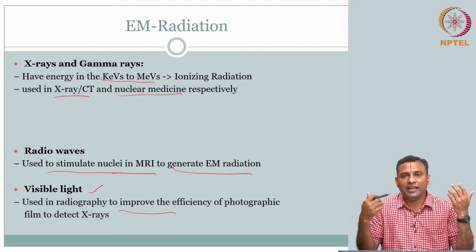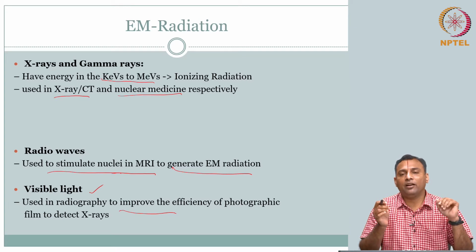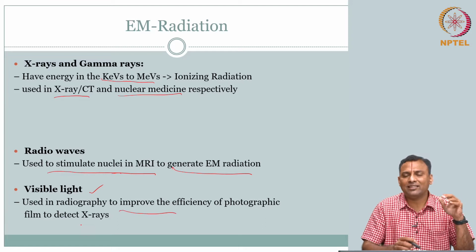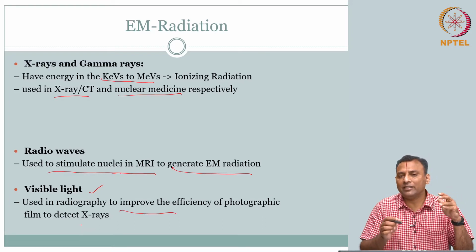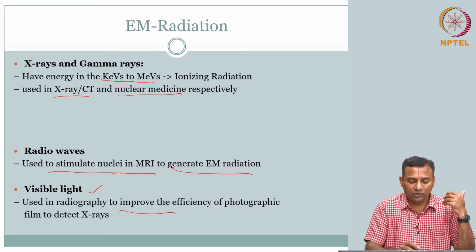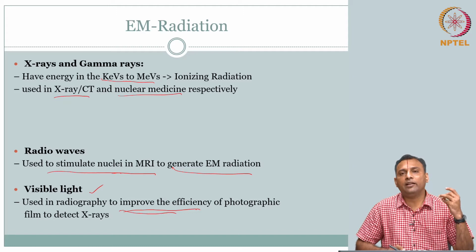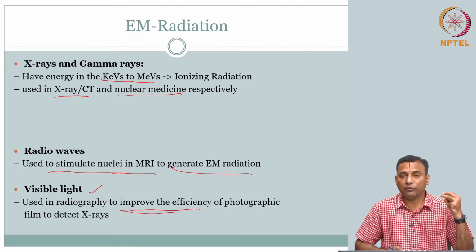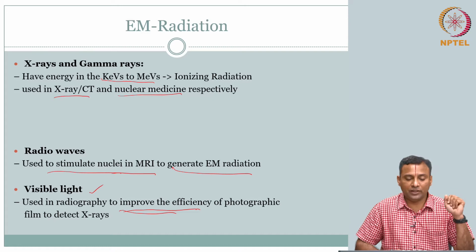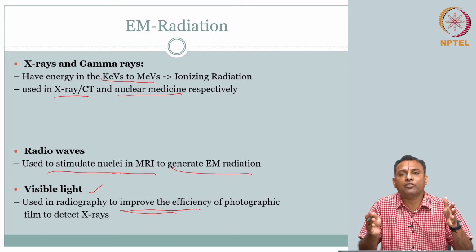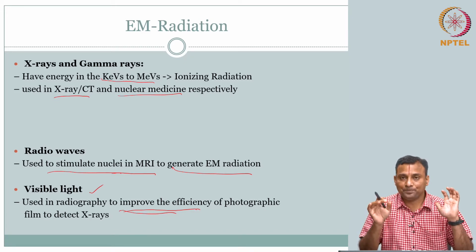So, he named them X-rays. Clearly X-rays can spoil a photographic film, but to capture or detect X-rays by itself is inefficient, and therefore, in order to improve the efficiency, you will exploit visible light photons, photons in the visible light region. So much is clear. You can see the different variety of electromagnetic radiation that will have interaction with the body. Okay.